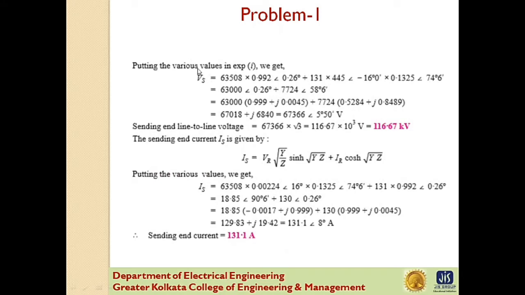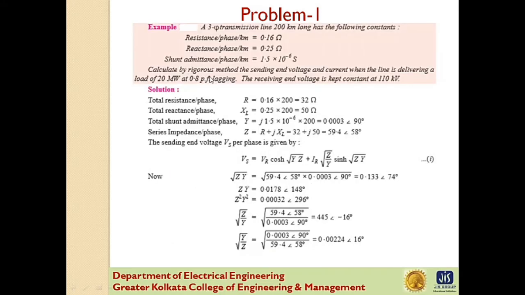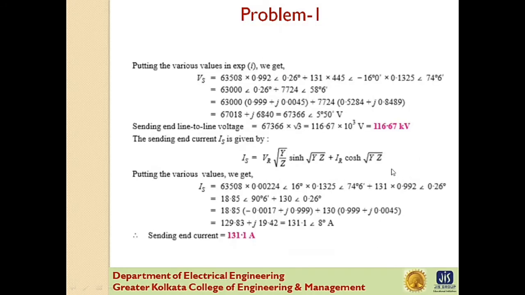Now putting the values in expression 1, VR cosh root over yz, IR root over z by y, and the value of sinh root over zy, we get this expression.